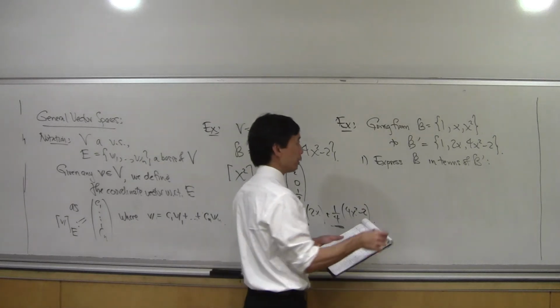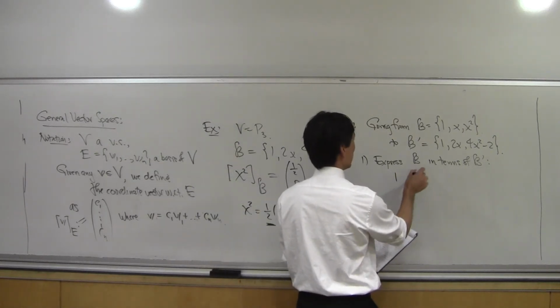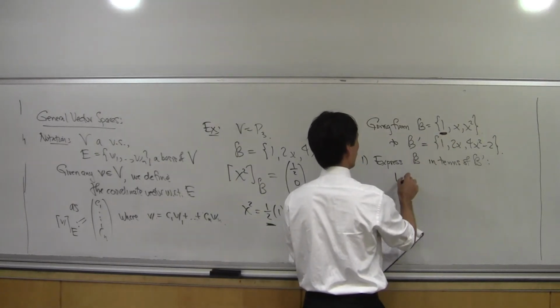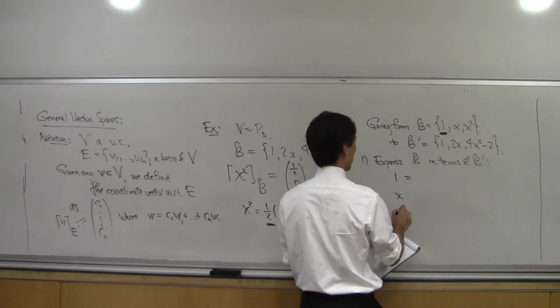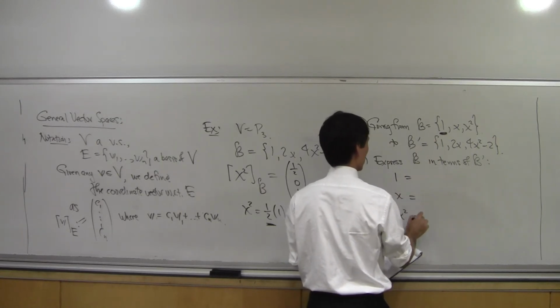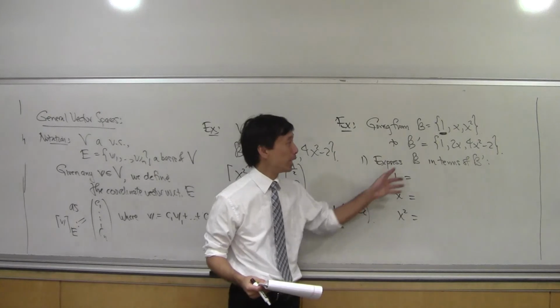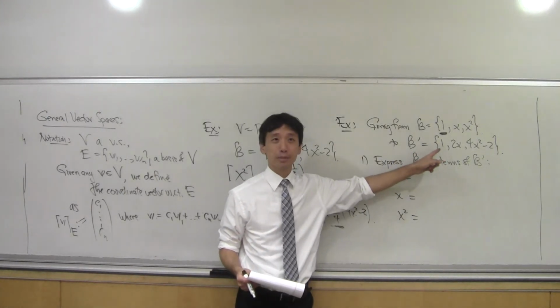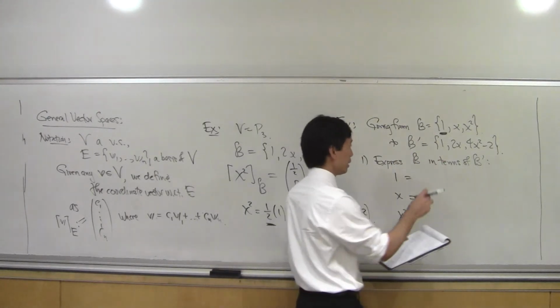So I take the first vector, 1, then x, and x squared. I'm going to express each of those as linear combinations of the other basis vectors.